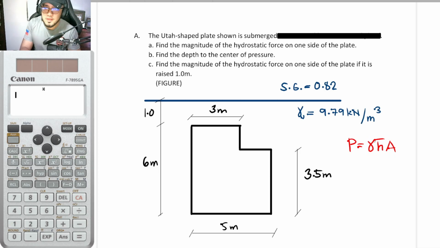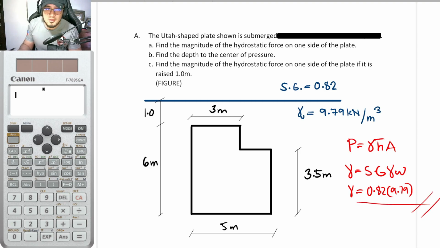So let us solve for the unit weight first. The unit weight is the specific gravity multiplied by the unit weight of water. With that, this is now equal to 0.82 times 9.79. You can either solve for this and store it on your calculator, but better yet, we would just incorporate these values into our equation for hydrostatic force.